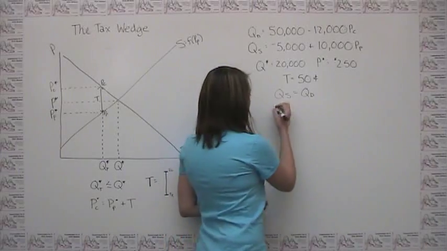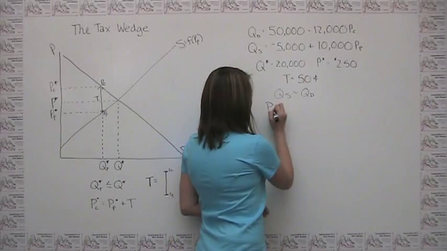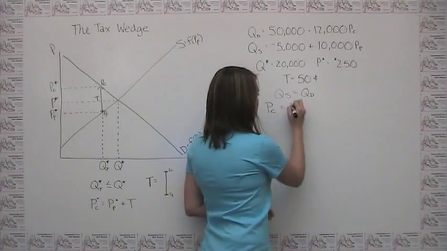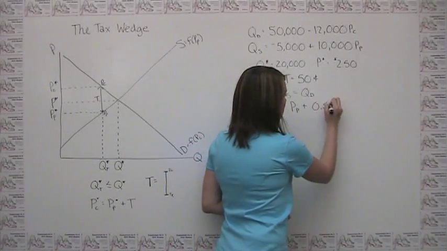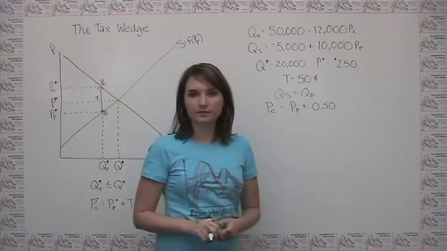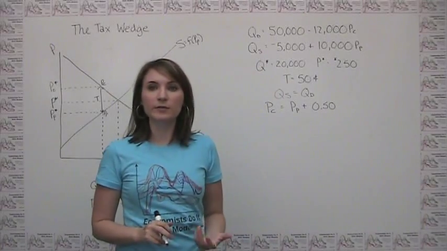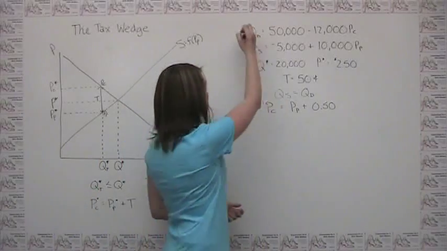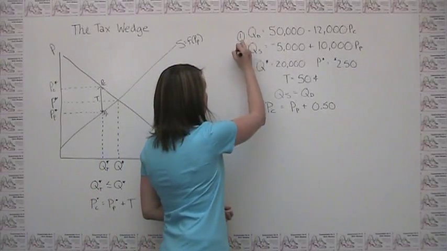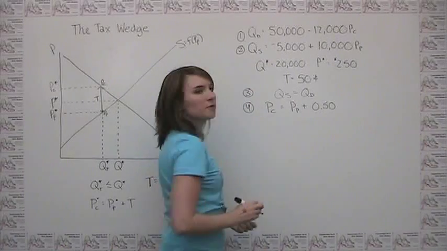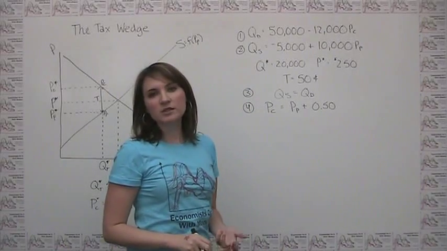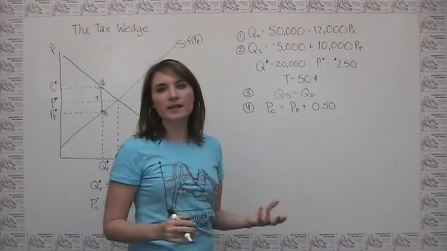So we can also add in as an equation to use that P sub C is equal to P sub P plus 50 cents, or 0.5. Now we have 4 equations to use. We can call this 1, 2, 3, and 4. The question just becomes, well, what exactly do we do with them?